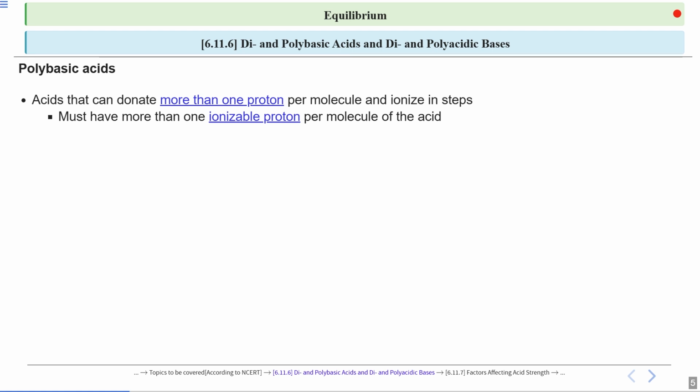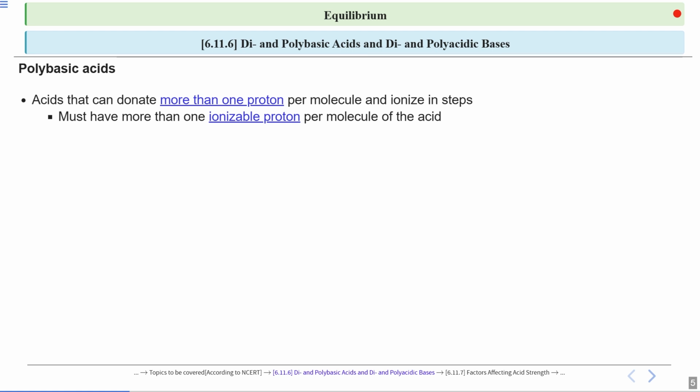Here, the removal of these H+ takes place in various steps. Now, the question is: are all the protons or hydrogens available in the given structure ionizable?